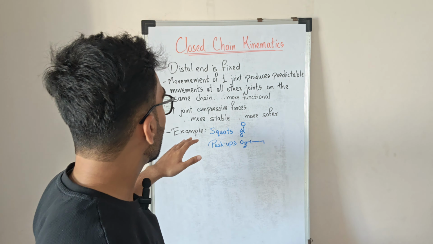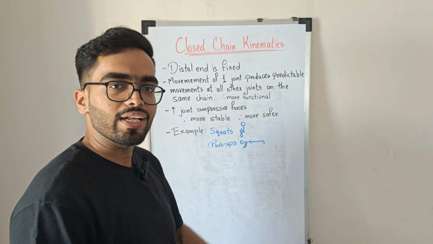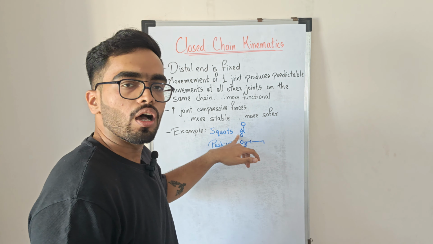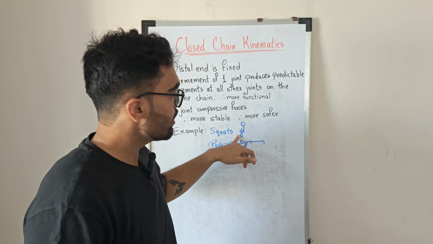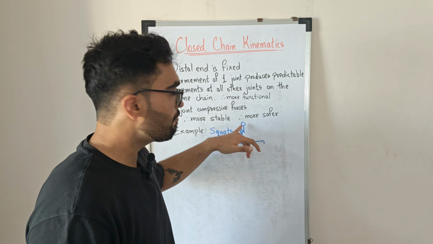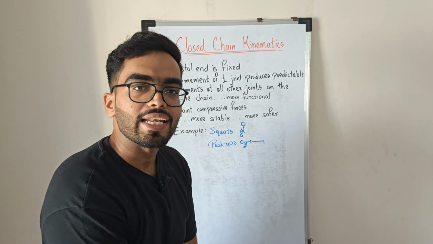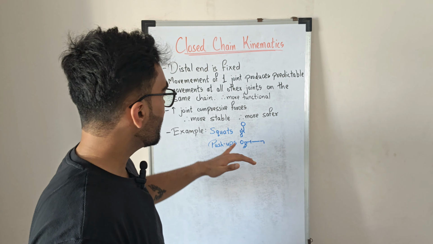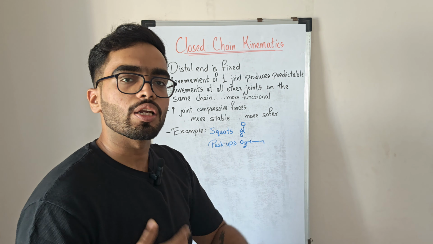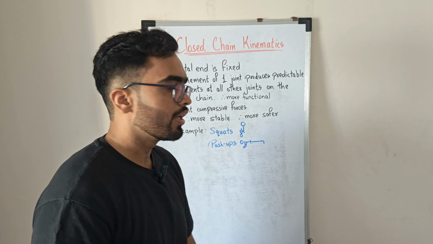So for example, as you can see in squat, while going down, there is ankle dorsiflexion, there is knee flexion, there is hip flexion. So there is triple flexion of your lower limb, that is a kinematic chain. Okay, and while going up, there is triple extension of your lower limb.